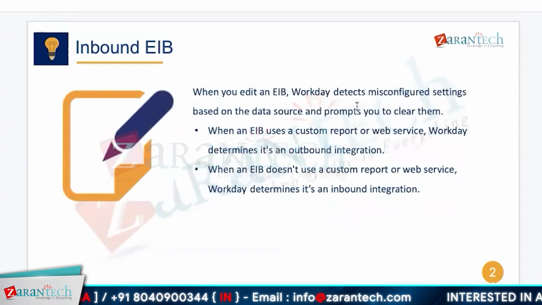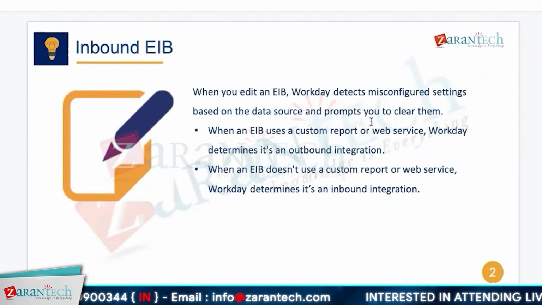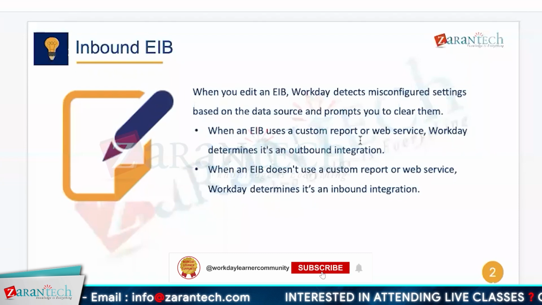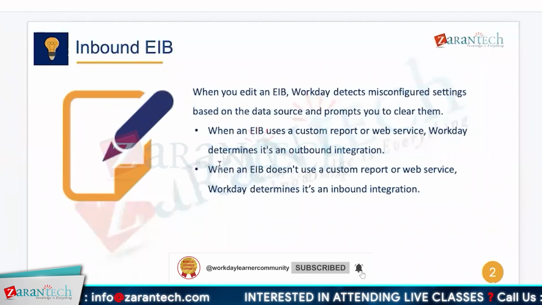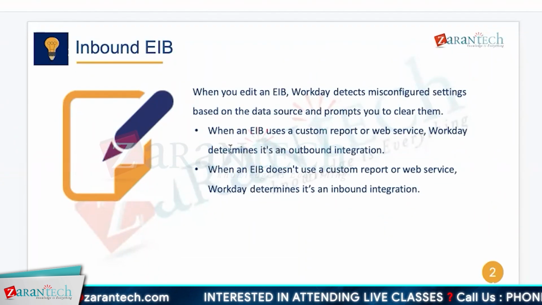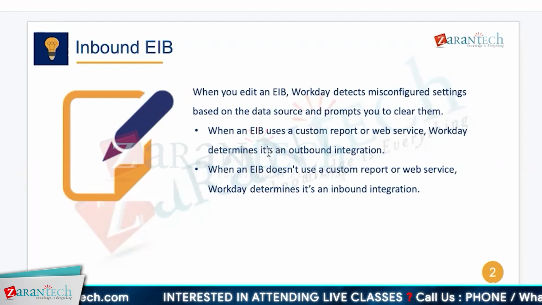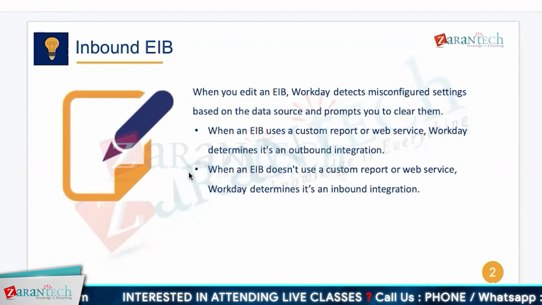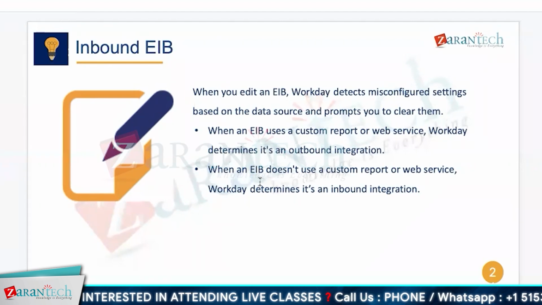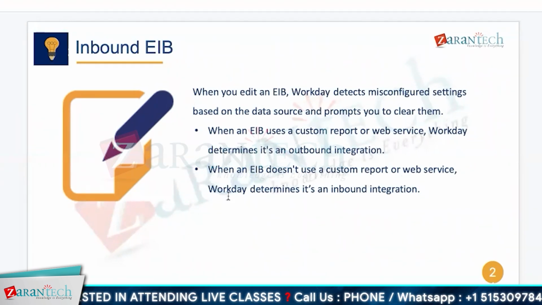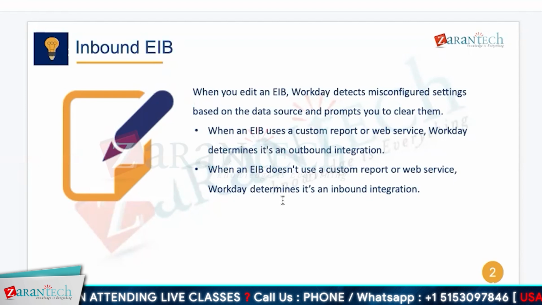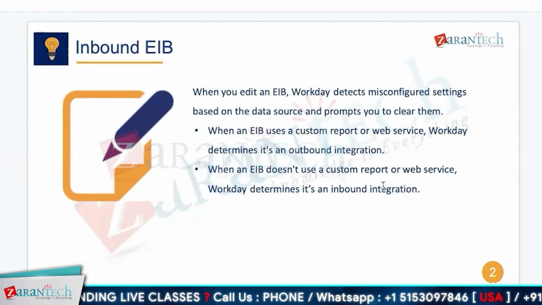When you edit an EIB, Workday detects misconfigured settings based on the data source and prompts you to clear them. When an EIB uses a custom report or web service, Workday determines it as an outbound integration. When an EIB doesn't use a custom report or web service, Workday determines it as an inbound integration.